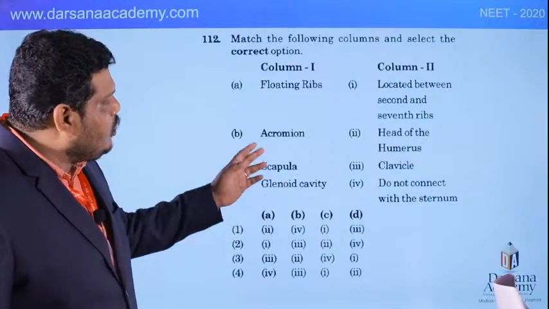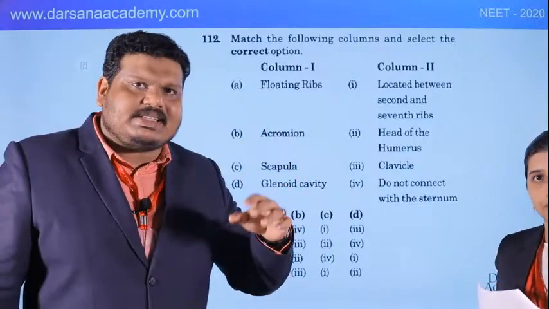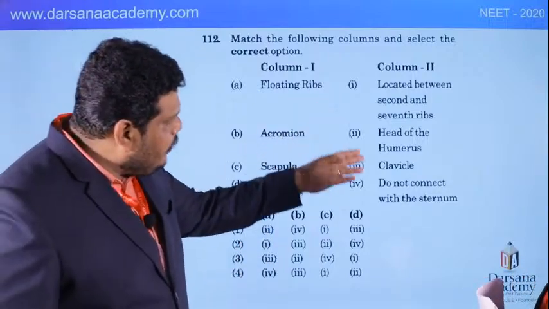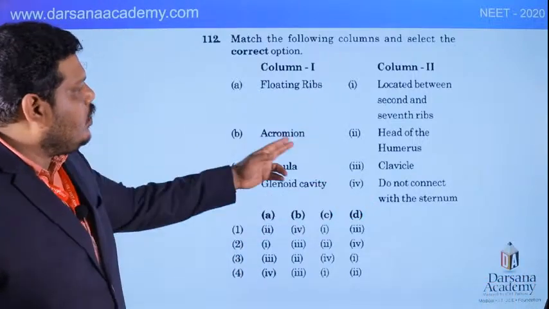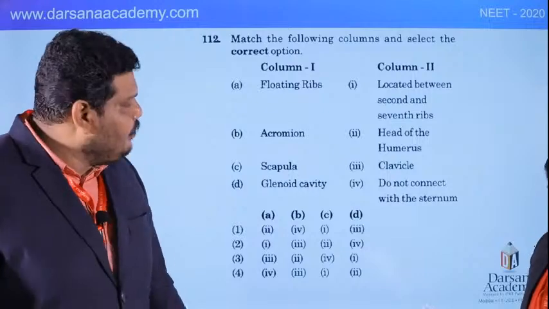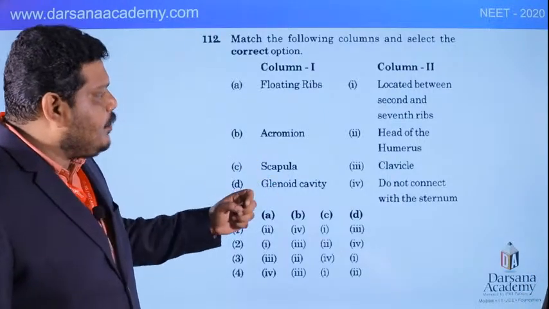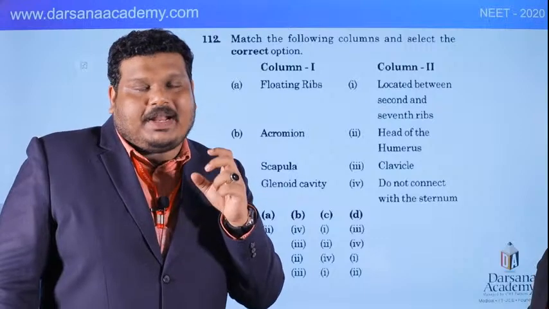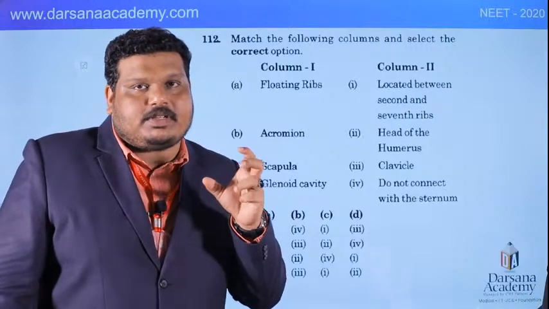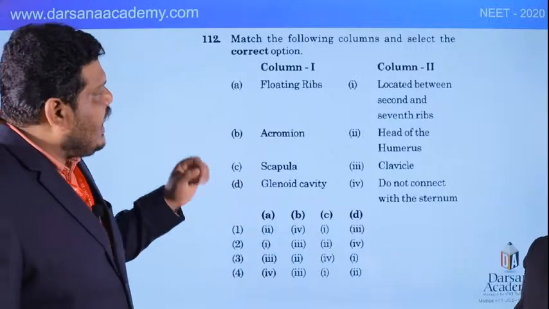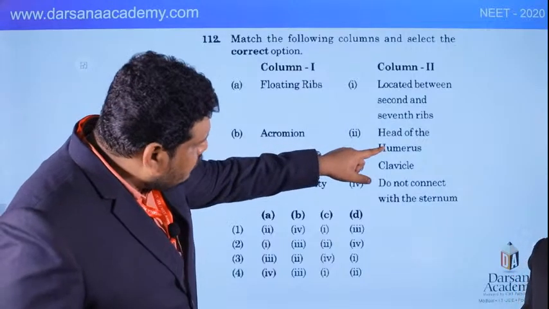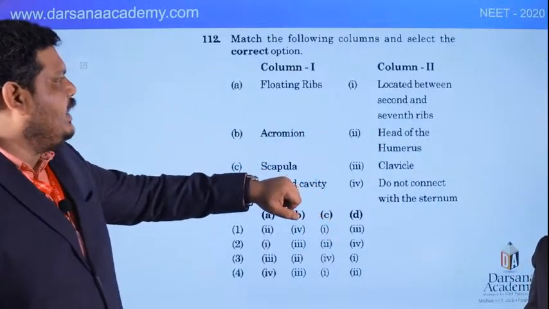Then the acromion is a finger-like projection over the scapula, in the clavicle region. Here there is no scapula option, but the clavicle is there, so the acromion is related with the clavicle. The scapula is a V-shaped bone present on the dorsal side of the human pectoral girdle. The scapula is located between the second and seventh ribs.